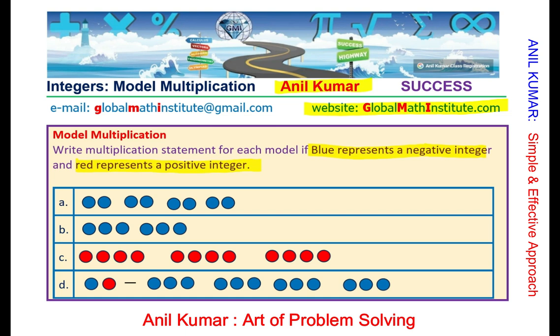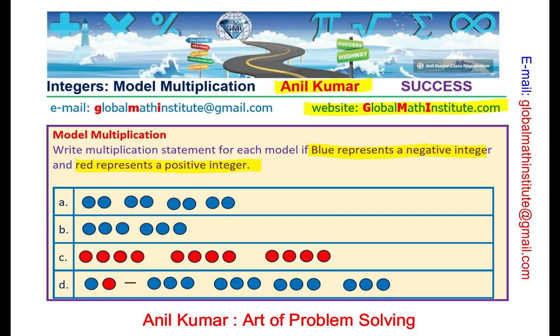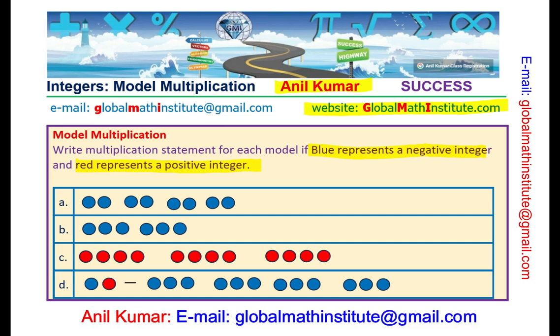Okay, so I hope you got the answer. Let's begin with the solution one by one. Very first one, what do you notice? We notice that there are four groups of two each, and these blue ones represent negative integers, right?